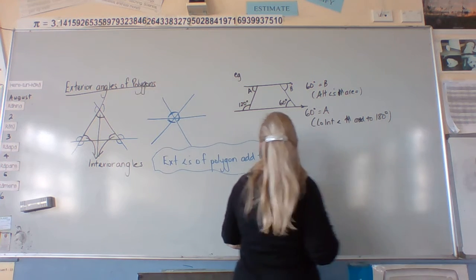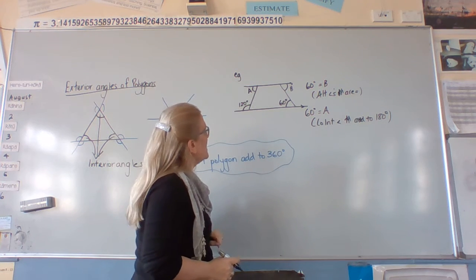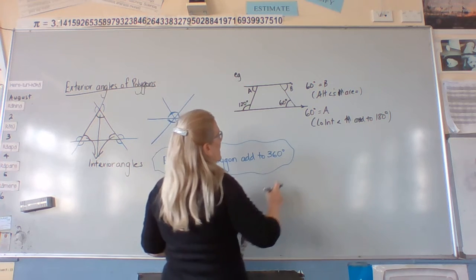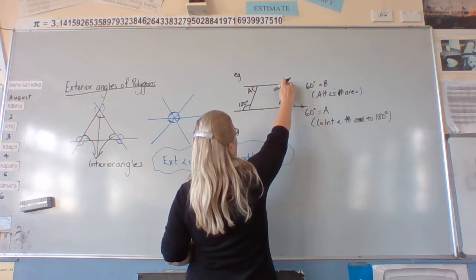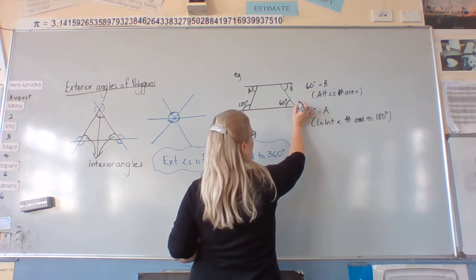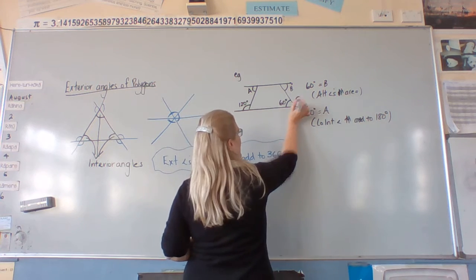Okay, so what's that got to do with the exterior angle sum? Nothing at all, really. But what we could have found is that this one is an exterior, this one is an exterior, this one is an exterior, and this one is an exterior. So look, what's C?